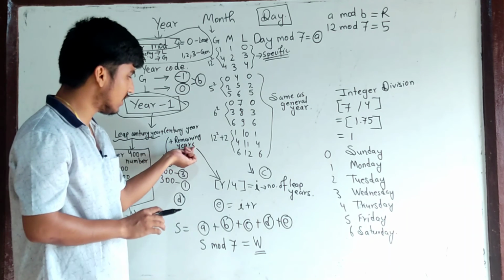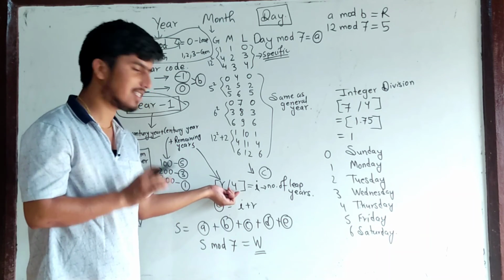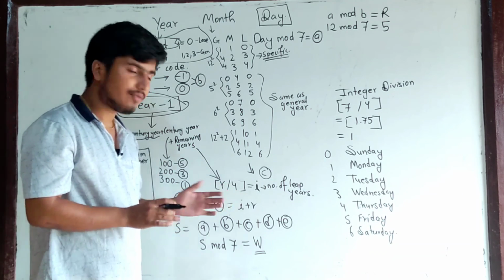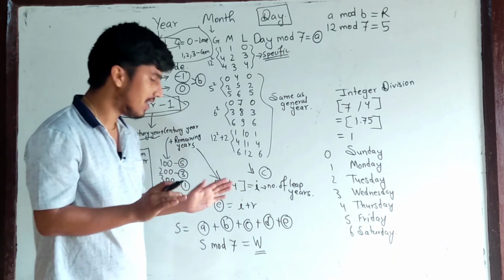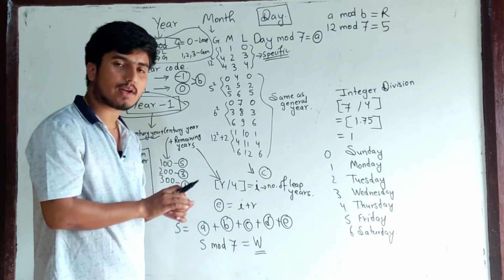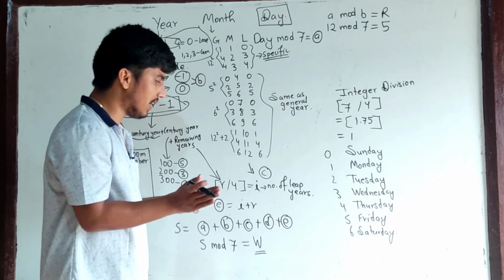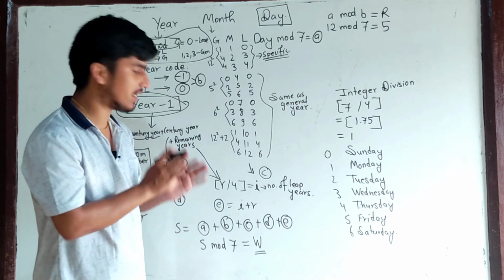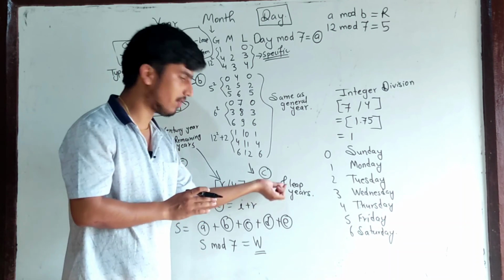Then for the remaining years we need to first perform integer division. If we are not familiar with integer division, let's just say we divide r by 4, and whatever number comes on the left-hand side of the decimal point, we keep that as I, that is the number of leap years.